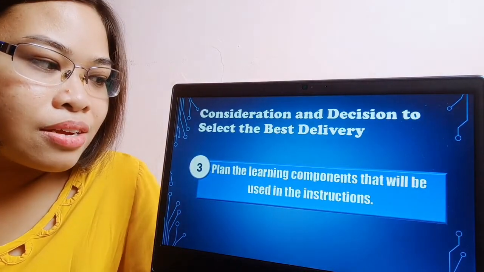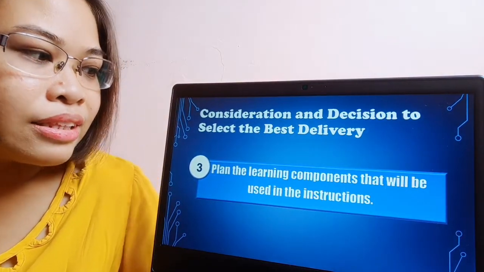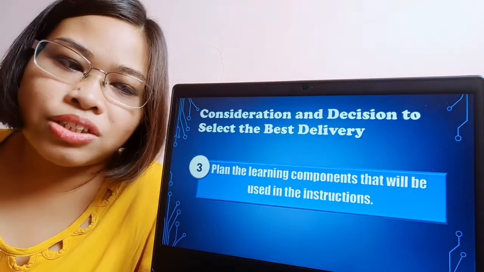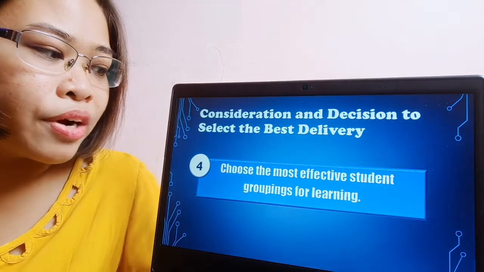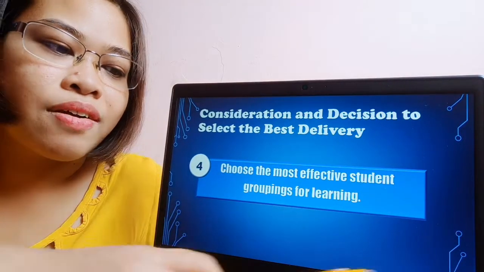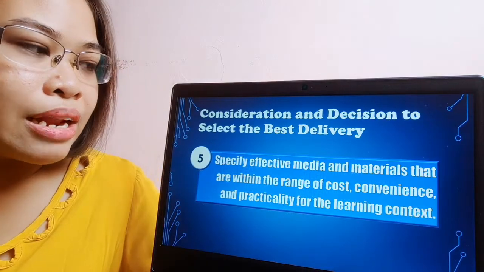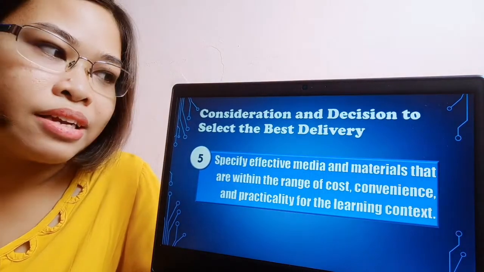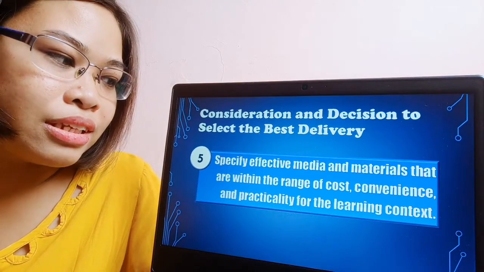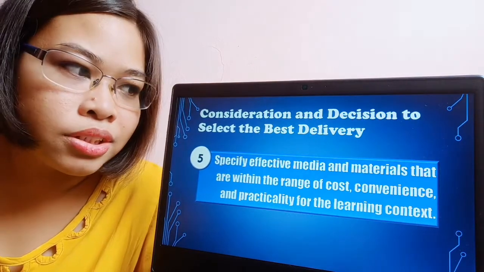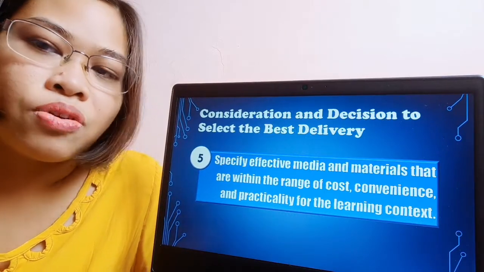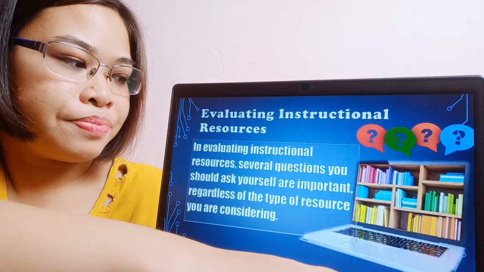Number three, we need to plan the learning components that will be used in the instruction. Number four, we need to choose the most effective student groupings for learning. Number five, we need to specify effective media and materials that are within the range of cost, convenience, and practicality for the learning context.